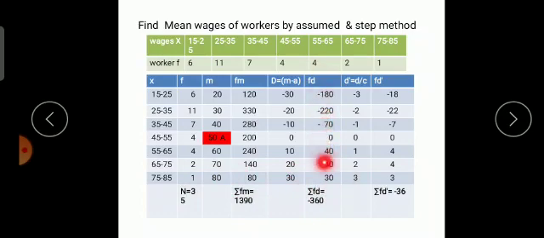When you add the fd column you get summation fd, that is minus 360. You add the minuses and add the pluses, and subtract, and you get the total value as minus 360.